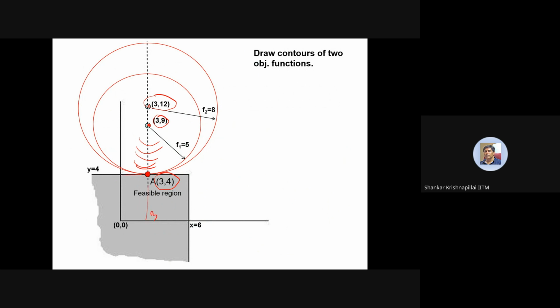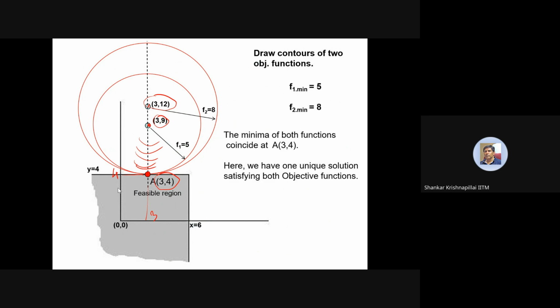So f1 minimum is 5, and f2 minimum is 8. For cases like this, there is no problem, because both the objective function contours are touching at the same point. So here we have one unique solution satisfying both objective functions.